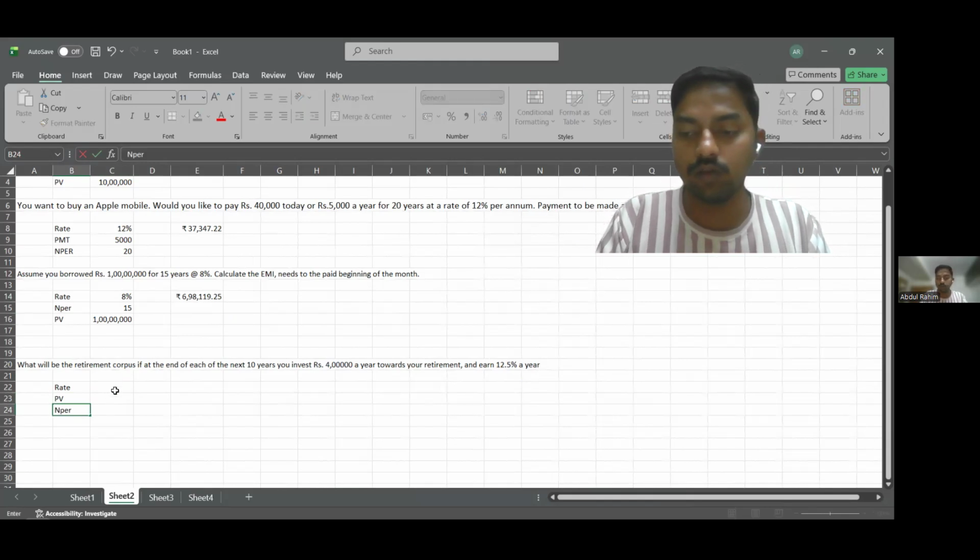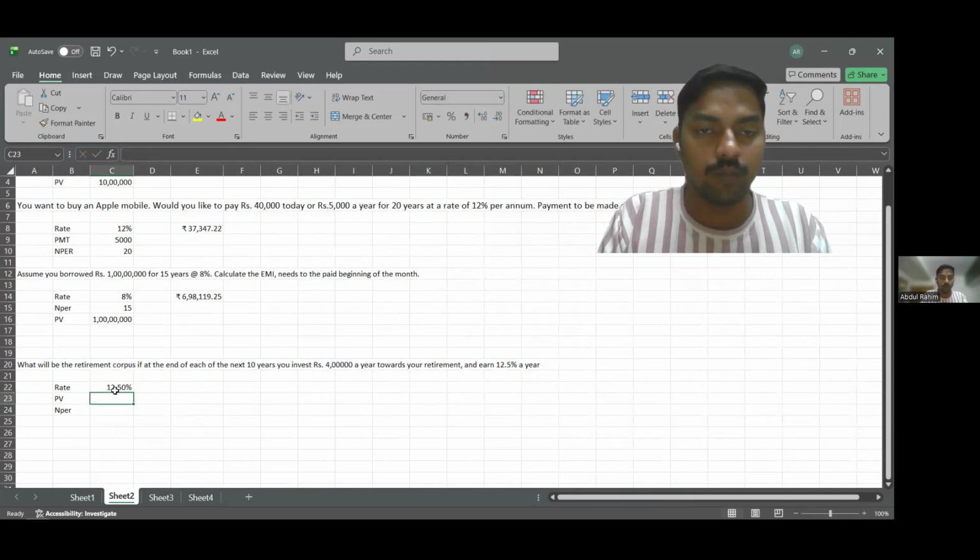So the rate is 12.5%. Payment is 4 lakh.